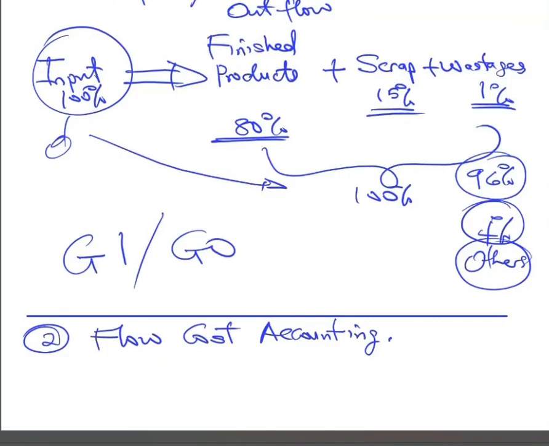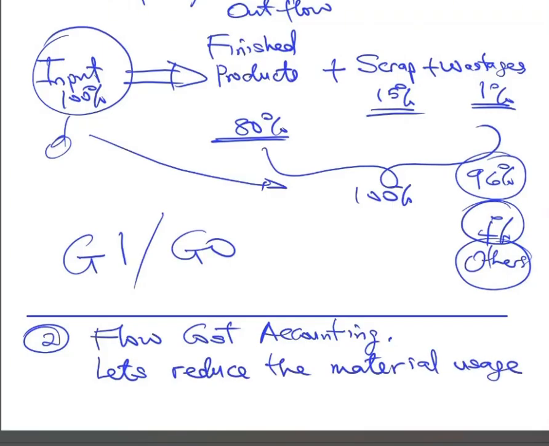Anytime we try to reduce the material usage, let's reduce the use of materials. And why is it saying that? Because it believes that the less materials we use, the less pollution we will have. When we reduce materials, we will be able to reduce pollution coming from the materials.